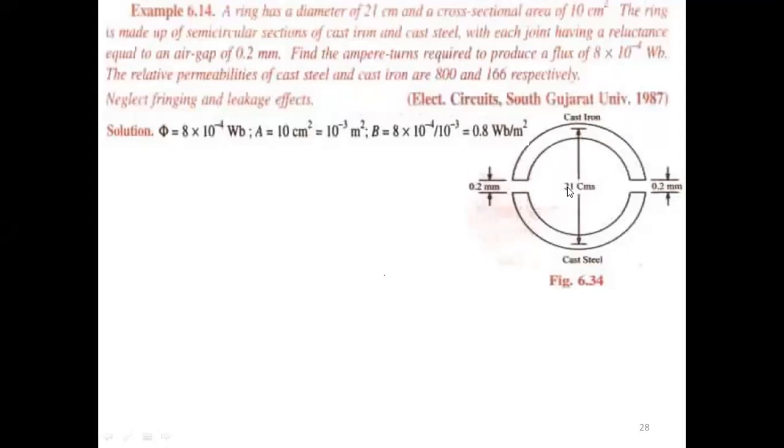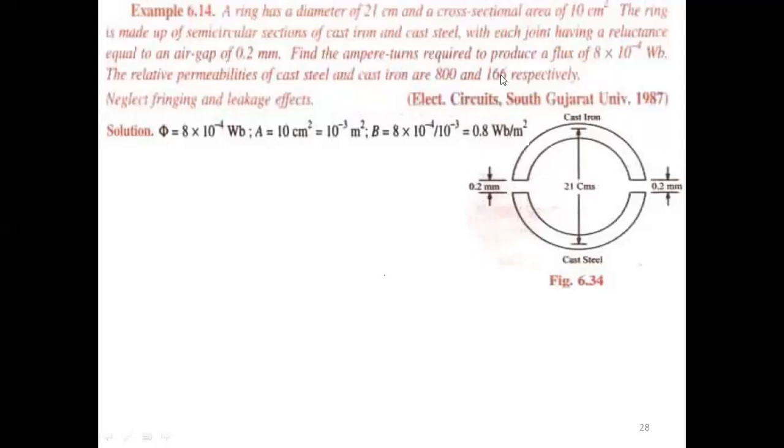In the circle, some semicircular cross sections he has made. This is one semicircular and this is another. At the joining of the iron and steel, a 0.2 mm gap he has given here, and here also a 0.2 mm gap. What is the question? What you have to identify?